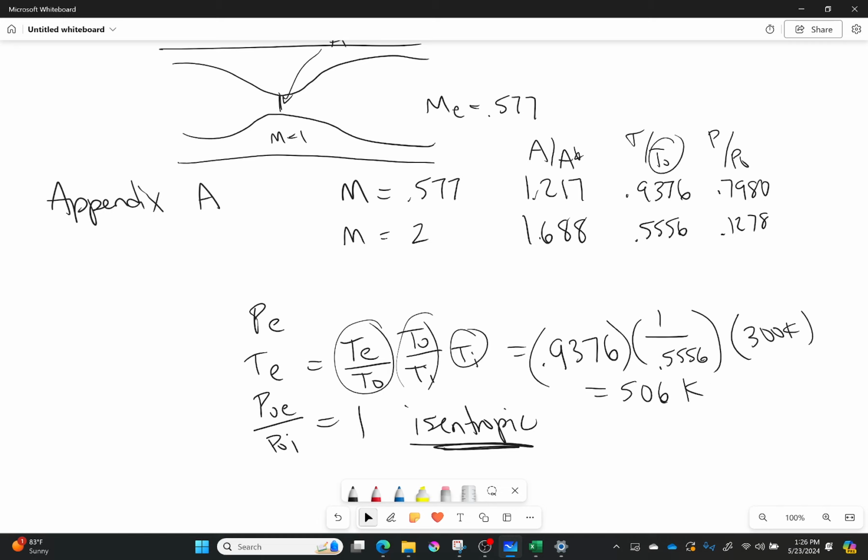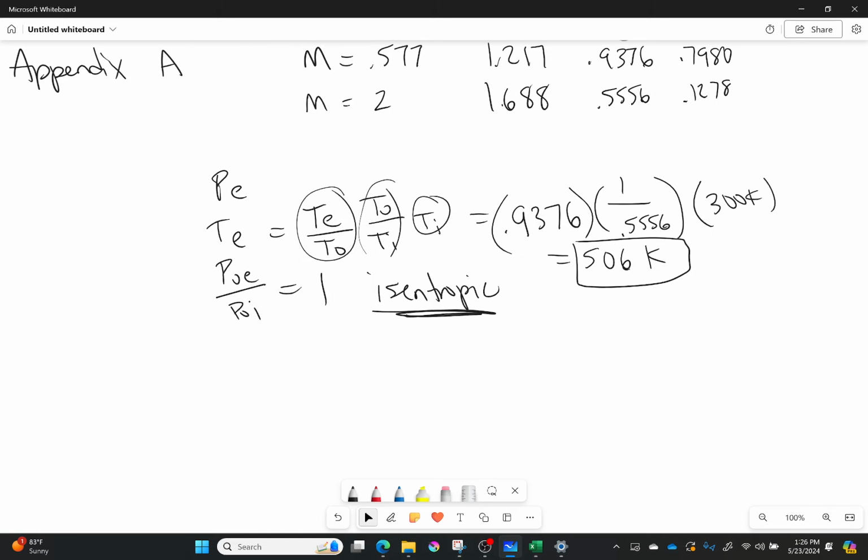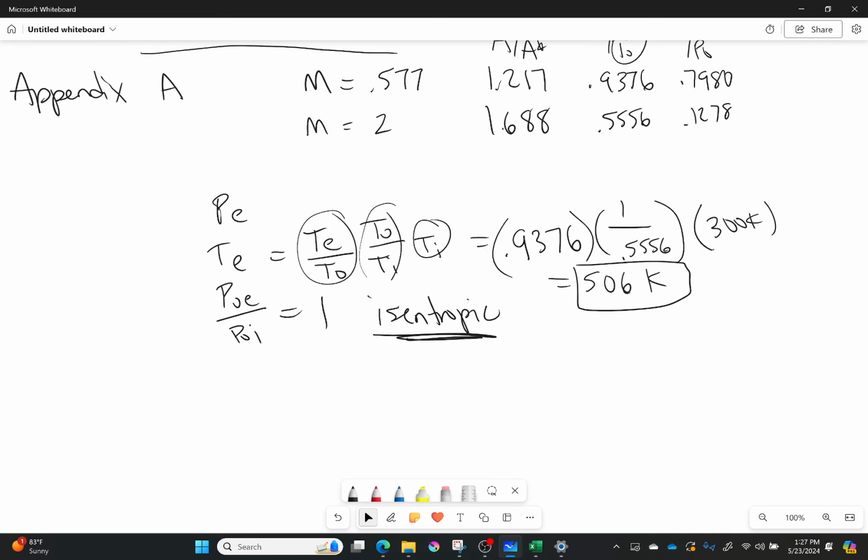The last thing we need to find out is what is P exit. And there's various ways I could do that. I can also realize that my stagnation pressure doesn't change. I'm going to do that one because it makes it easier on me. We're going to use the same little forms we've been using. I could also use my isentropic property relations, like the ones you learned in thermo, you can still use here because it was completely isentropic. So let's do it the other way though.